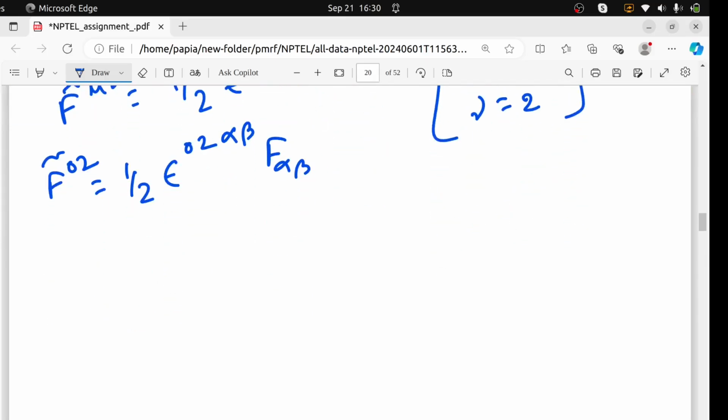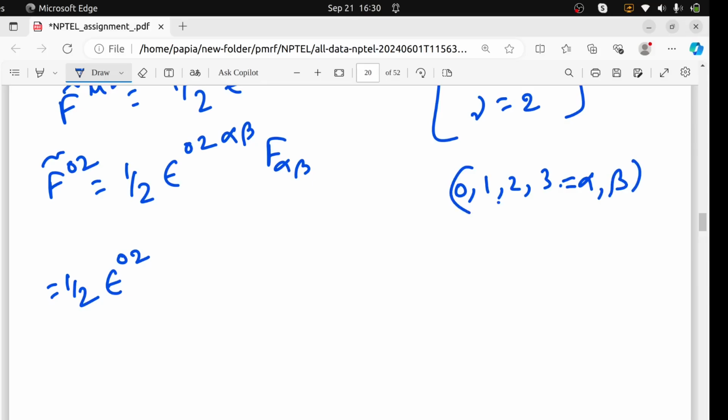Now here 4 indices are possible, like 0, 1, 2, 3. So alpha and beta can each take the values 0, 1, 2, 3. But as I told, if any of them are the same, then obviously it will give the 0 value of the Levi-Civita symbol. So alpha and beta can have only 1 and 3. If it is 0, then it is 0. If it is 2, then also it will be 0. So half epsilon 0 2 1 3 F 1 3, and also one more thing is possible, 3 1.